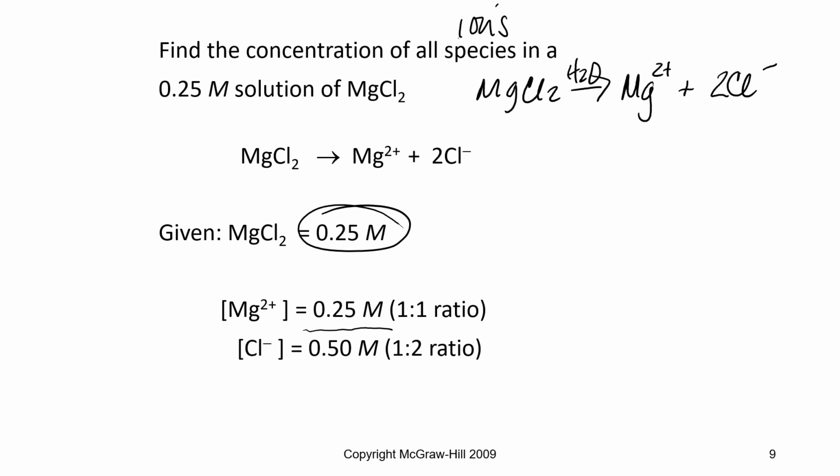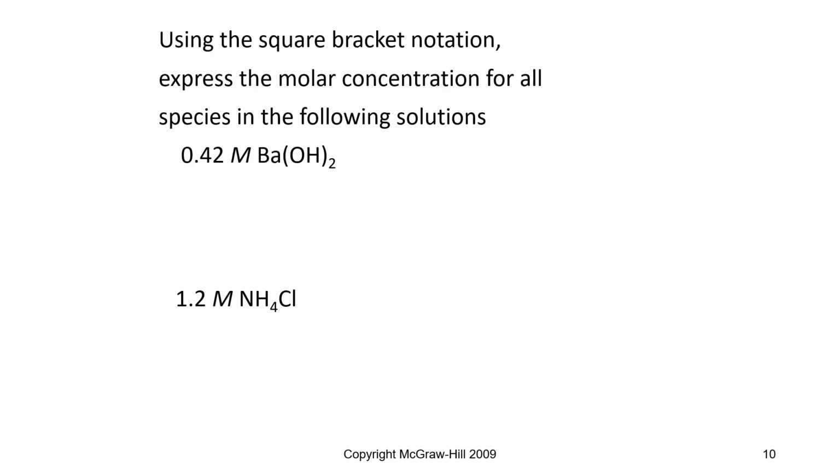However, when it comes to chloride, we have 2 chloride ions. So we have to multiply 0.25 by 2, and our chloride ion concentration is 0.50 molar. And that would apply to all ions.